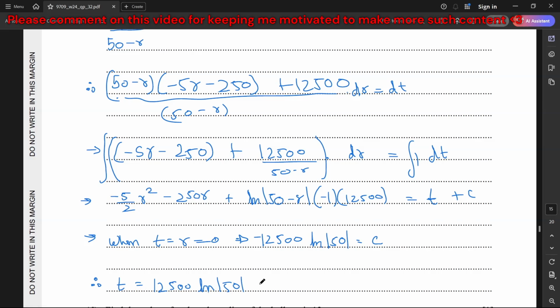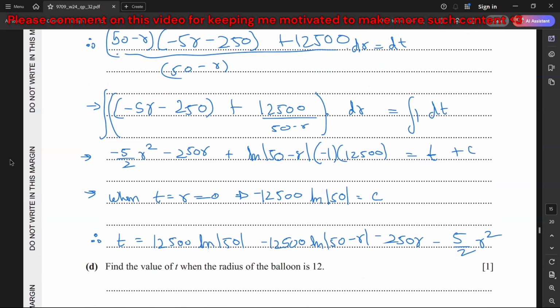And then all of the other terms, so 12500 ln 50, then minus 12500 ln of 50 minus r, and then minus 250 r minus 5 by 2 r square. So that is the final expression. I know it's pretty crazy, but that is what we have ended up with.